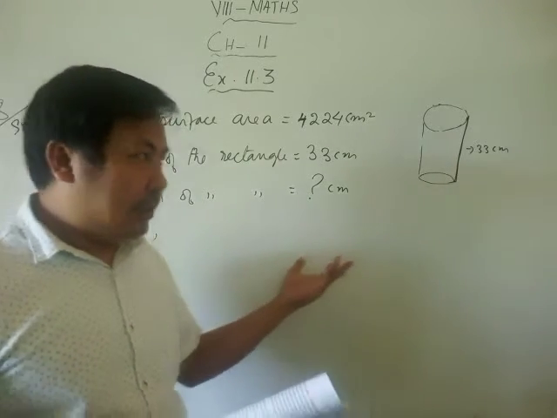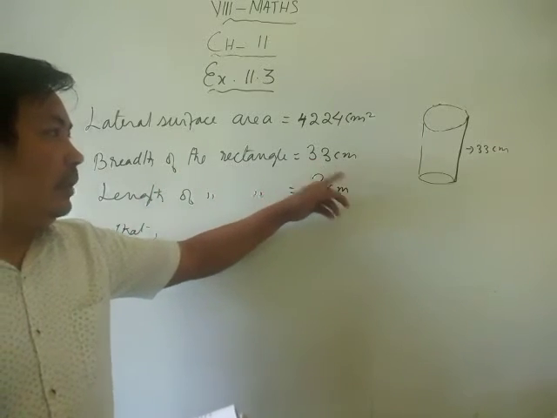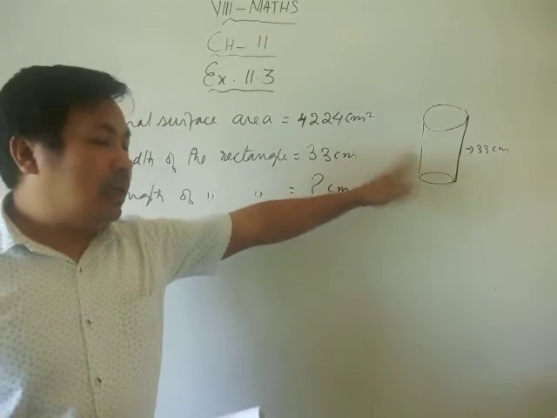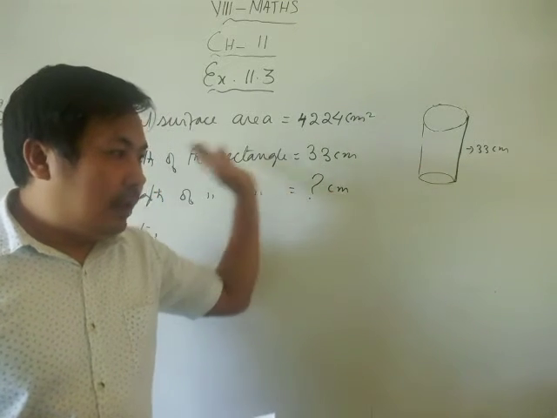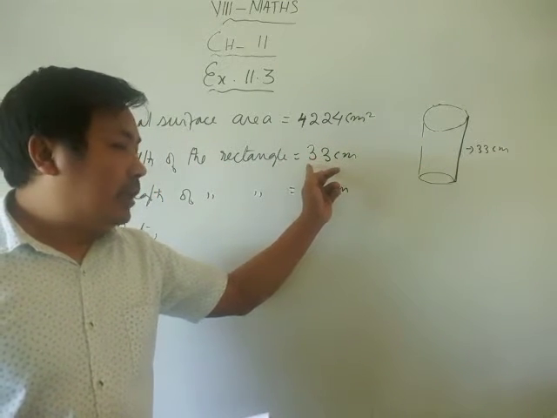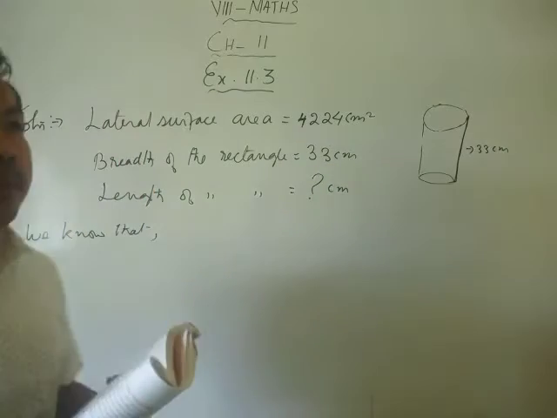That rectangle has a breadth of 32 centimeters, that means the height is 32 centimeters. So this height is the breadth. We are asked to find the length of the rectangle.